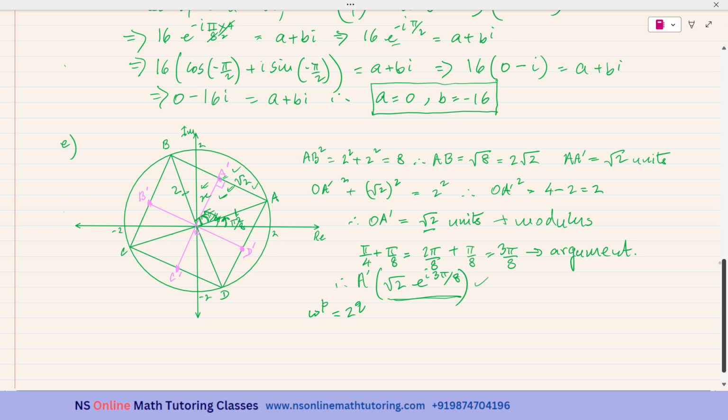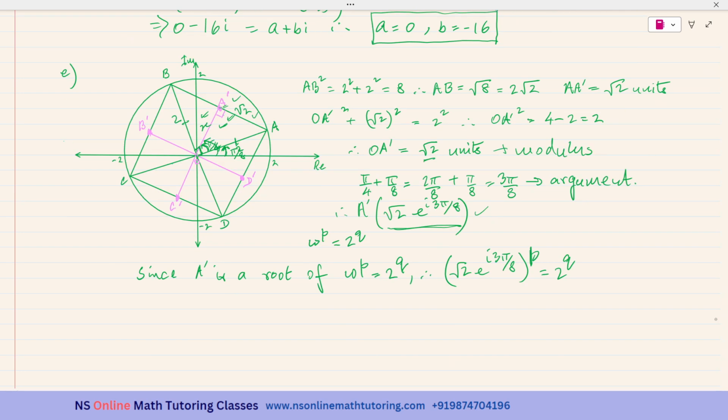Okay, so since A prime is a root of w to the power of p equal to 2 to the power of q, therefore root 2 e to the power of i 3 pi over 8, raised to the power of p, should be equal to 2 to the power of q.